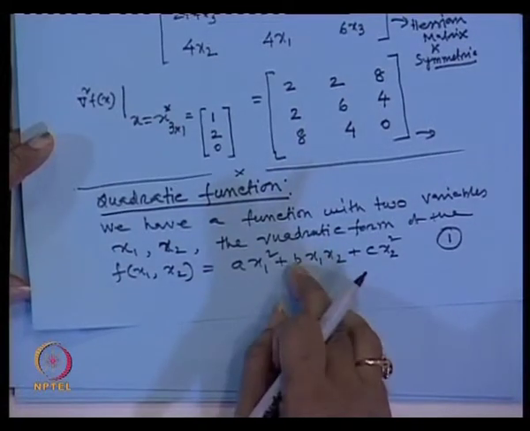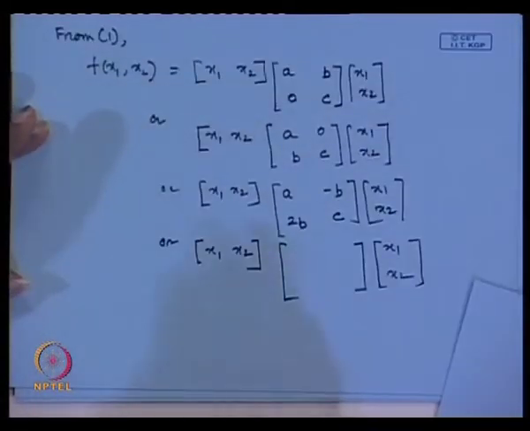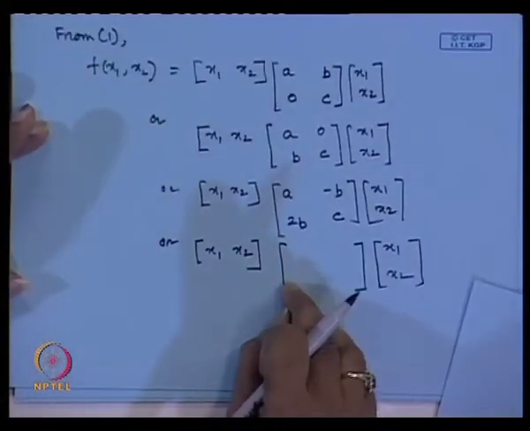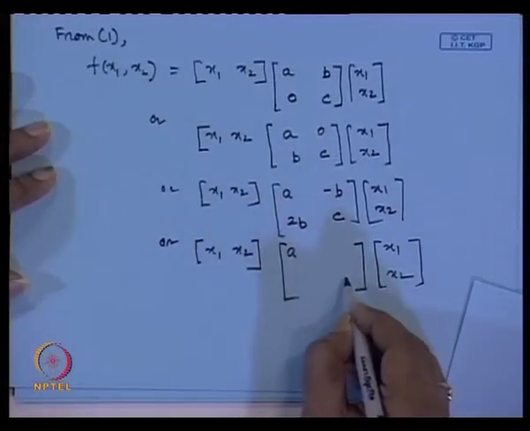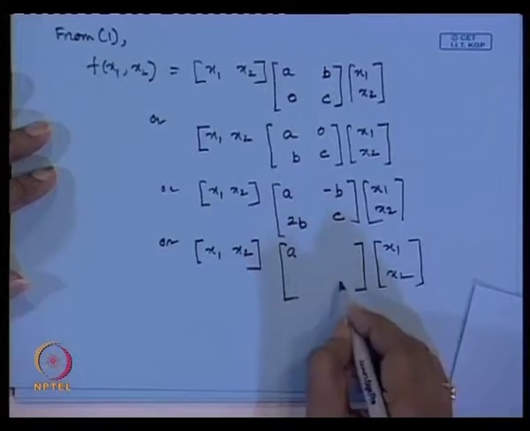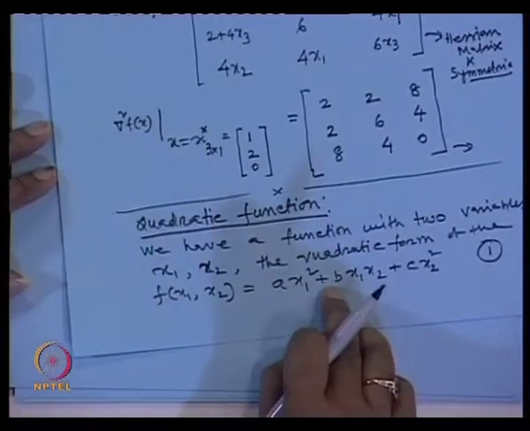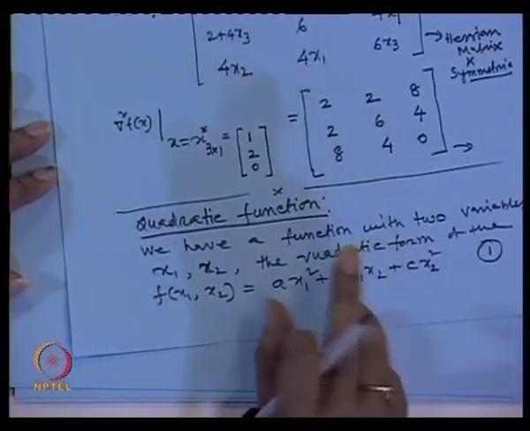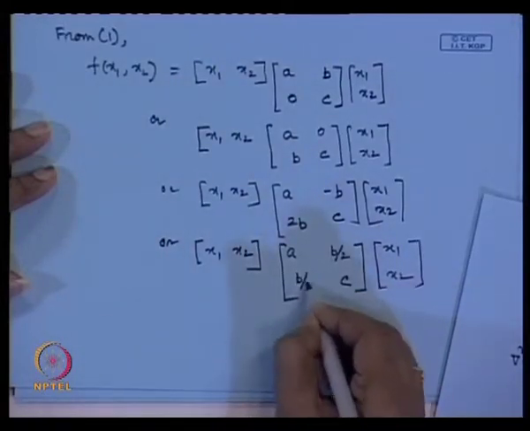Half of this, b by 2, I will write in the 1 2 position, and b by 2 in the 2 1 position. So, the x1 square coefficient is a, the x2 square coefficient is c, then the coefficient of x1 x2 is b, which I divided into 2 parts to make the matrix symmetric. So, it will be a, b by 2 and b by 2.